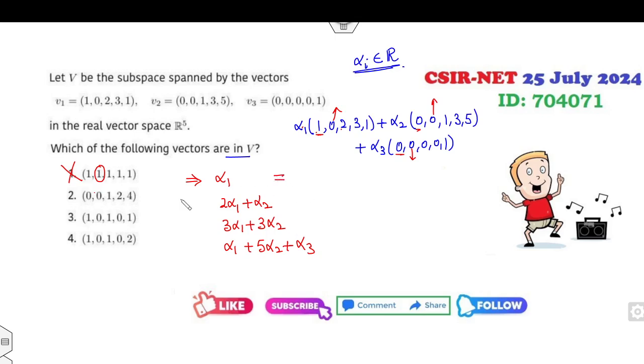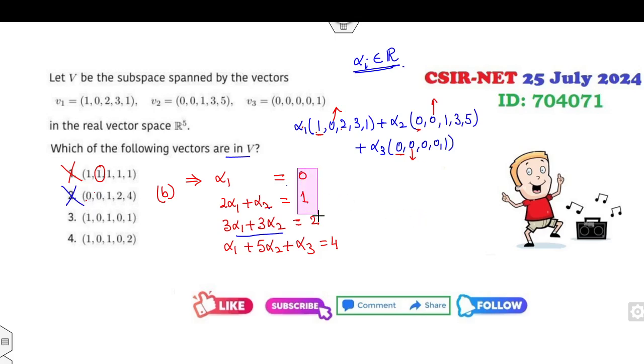Fine. Now, if it is the second part, it will be 0, it will be 0, it will be 1. Sorry, second component is 0 already. It's the third component 1. This is my 2, this is my 4. Can you find the value of alpha 1, alpha 2? Alpha 1 is 0. From this case, alpha 2 is my 1. Is this condition satisfied? No. So that means this option is cancelled.